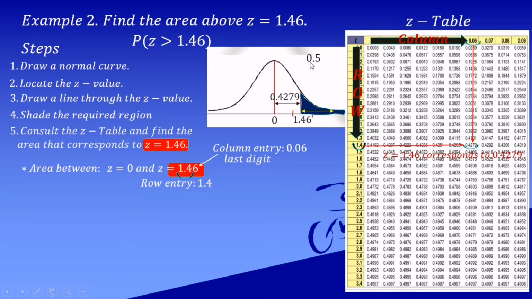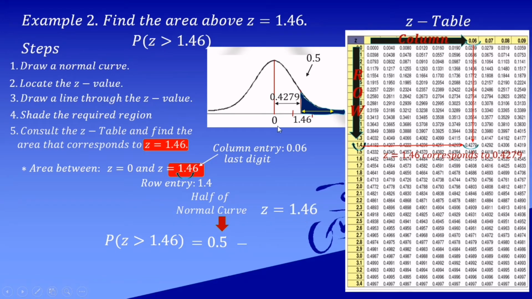Then to find the area, since half of the normal curve is 0.5, the probability z is greater than 1.46 is equal to half of the normal curve, 0.5. Then the operation to be used is subtraction para makuha natin yung shaded region.